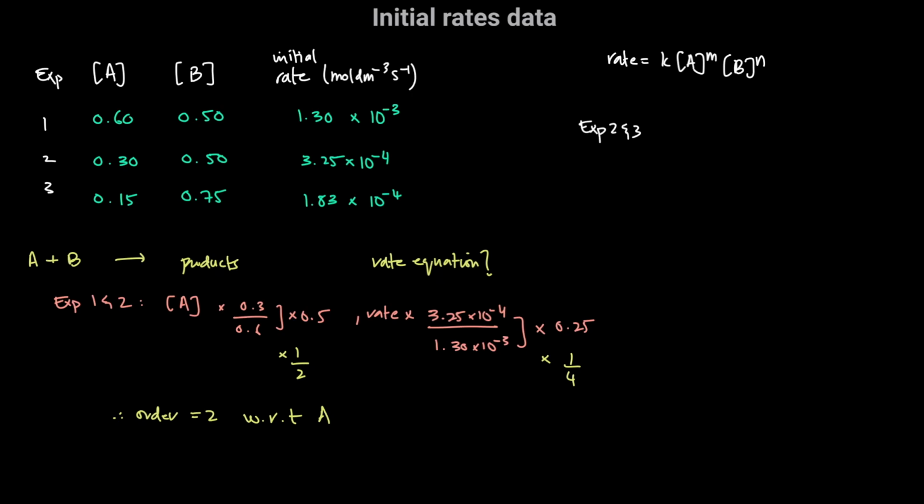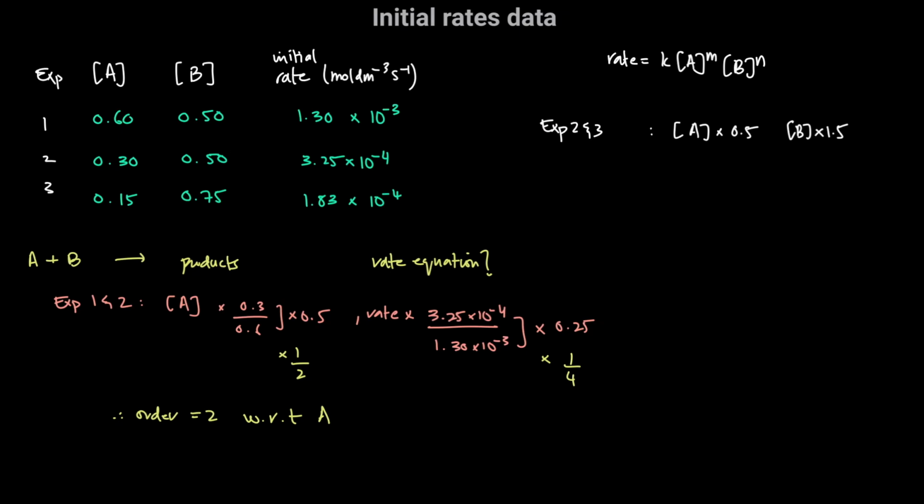If we take experiments 2 and 3, what we see is that the concentration of A is changing by a factor of 1 over 2, or 0.5. And the concentration of B is changing by a factor of 1.5, right? We're going from 0.5 to 0.75.